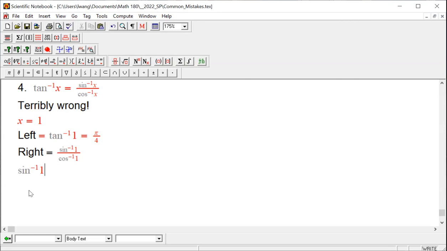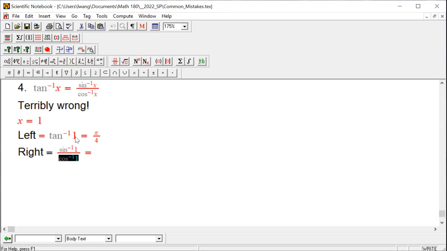Oh, wait. Of course we know. Actually, we cannot use arc cosine 1 because arc cosine 1 equals 0, and 0 cannot be the denominator. So we have to choose a different number.